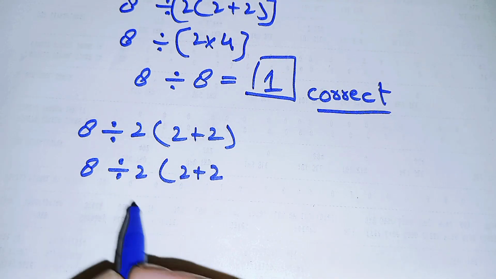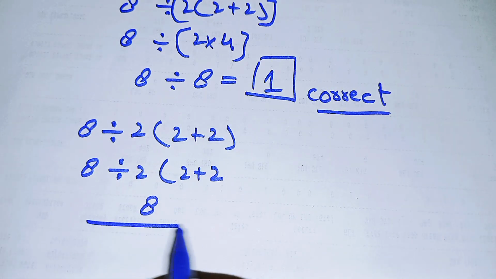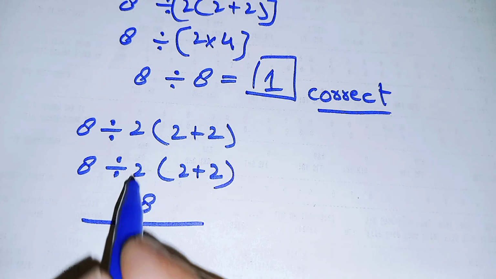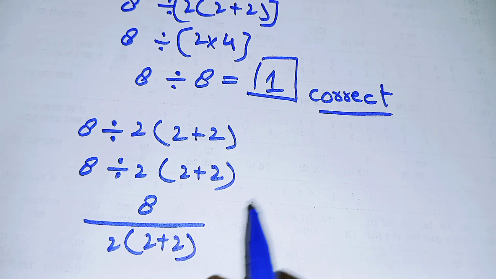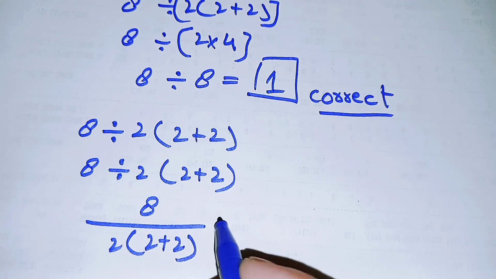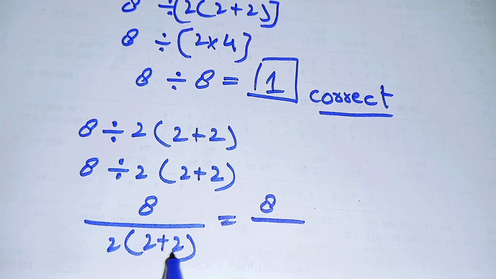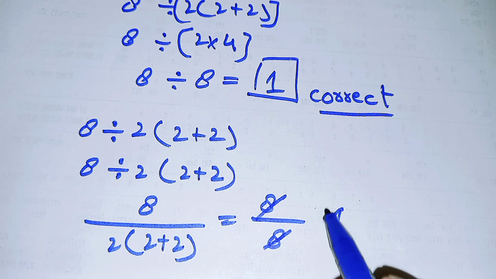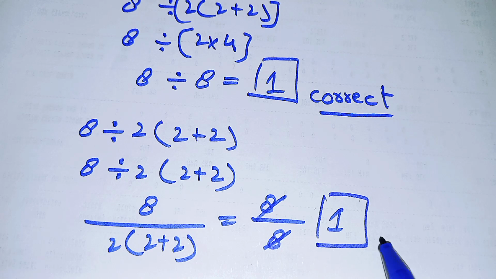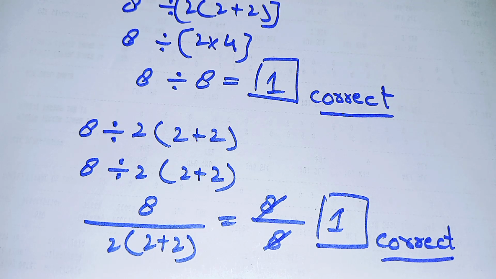So here we have 8 over 2 bracket 2 plus 2. 2 plus 2 is 4 and 2 times 4 is 8, and 8 divided by 8 is equal to 1. So this is the correct answer, and it is the correct use of the BODMAS rule.